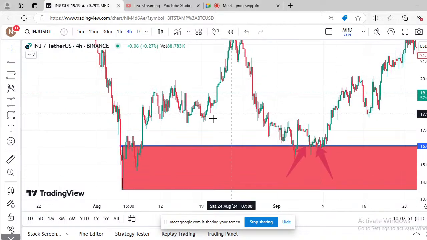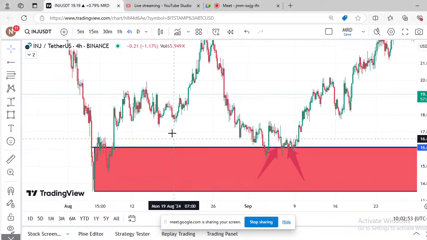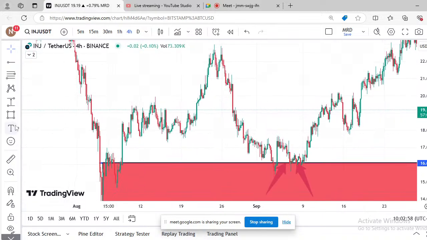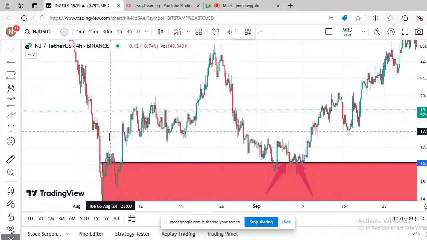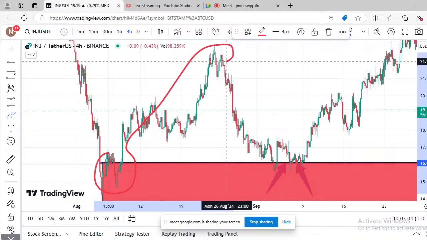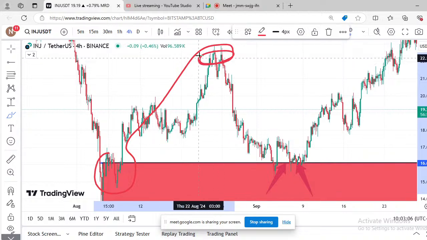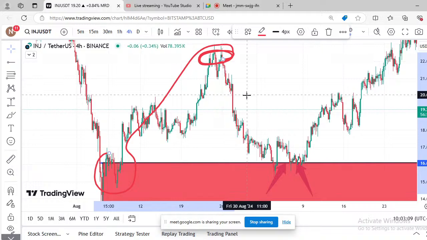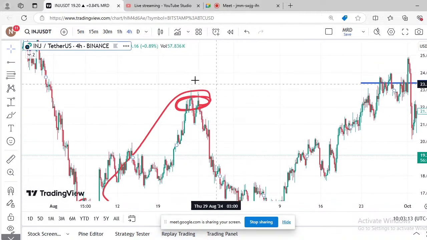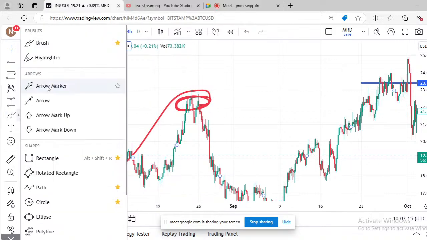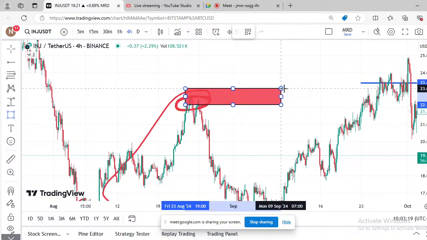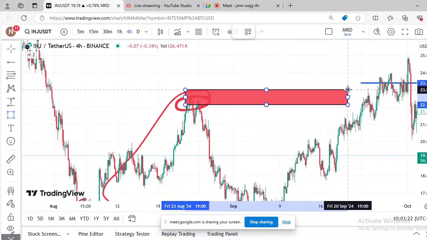So, after knowing that this is the demand zone, we can see the market changing structure from here at this point, and now up to this point. Therefore, we could consider this point as well, because it was our first high from the week. This was the point number 1 that we need to consider.